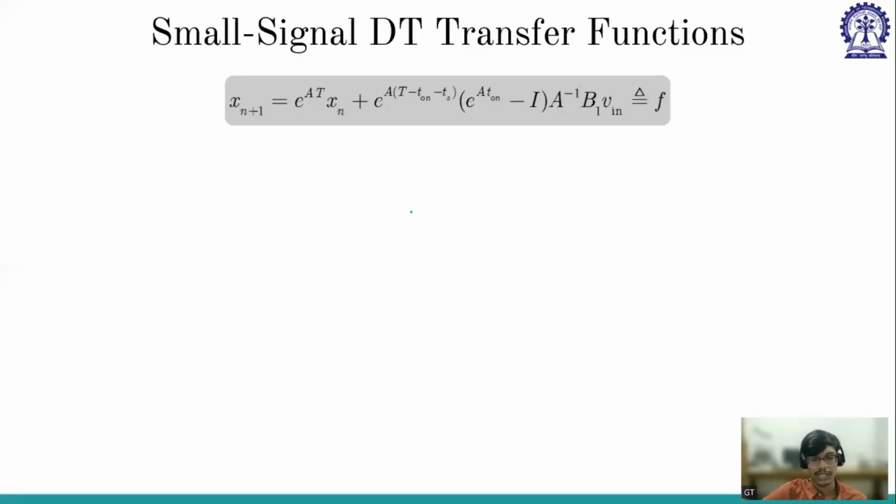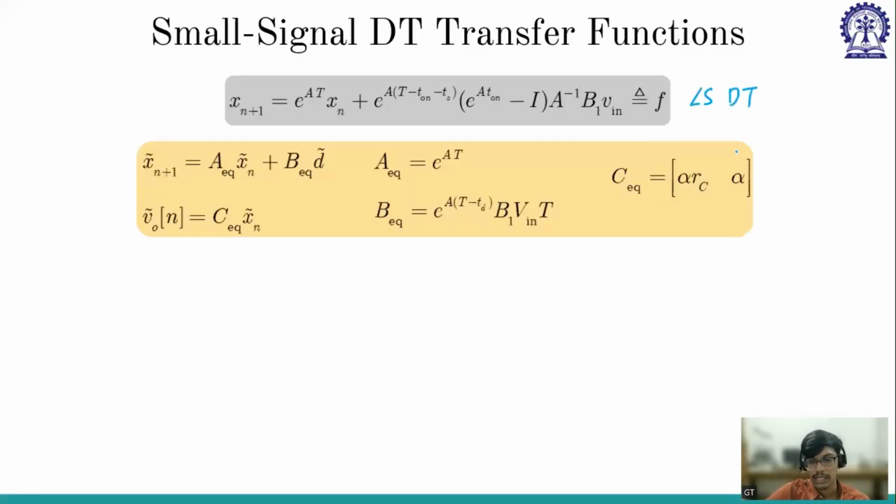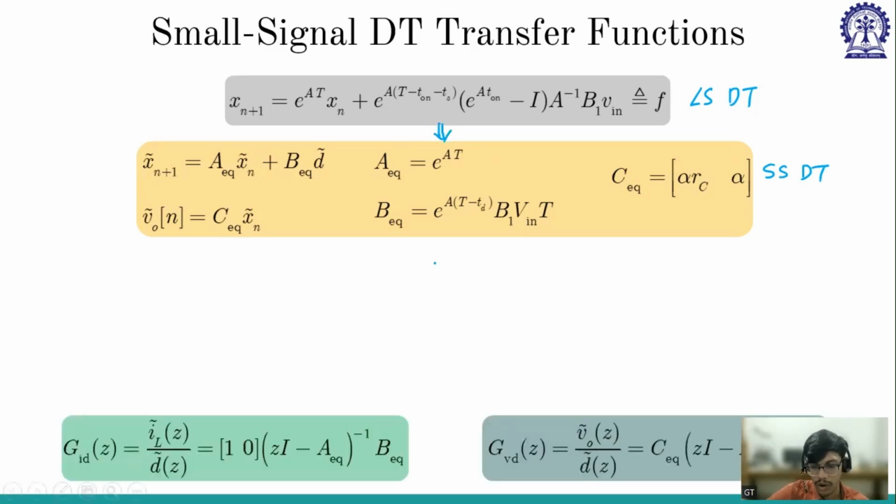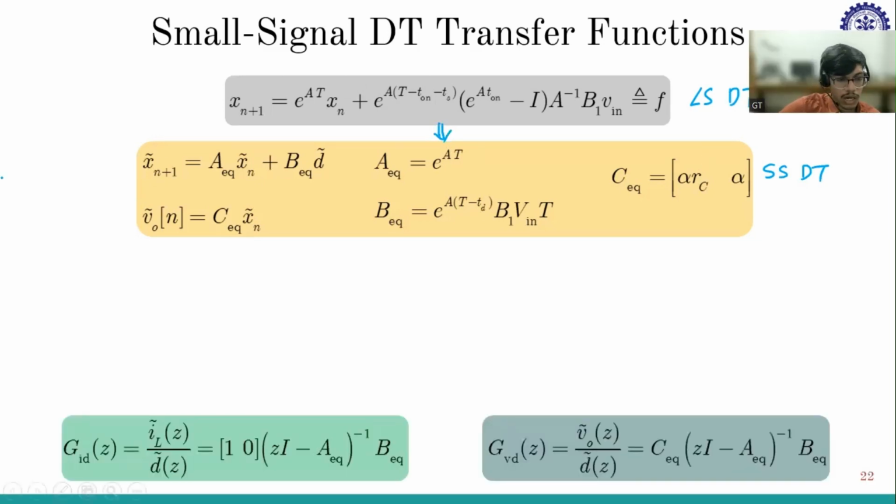So this is my large signal DT model, and this is my small signal DT model. So as I have mentioned, from this, I am getting this. So from this, I have to get this and this. So how am I getting these two? You consider this xn plus 1 perturb and apply Z transform. So we'll get Z xn perturb of Z is A equivalent xn perturb plus B equivalent D perturb.